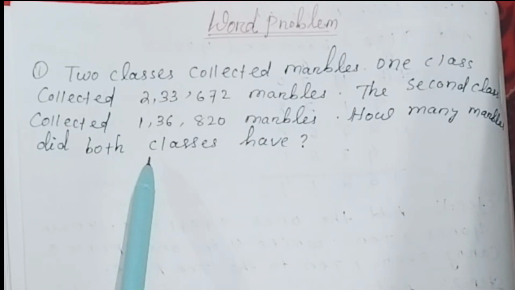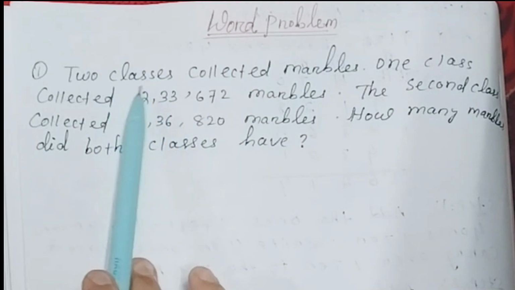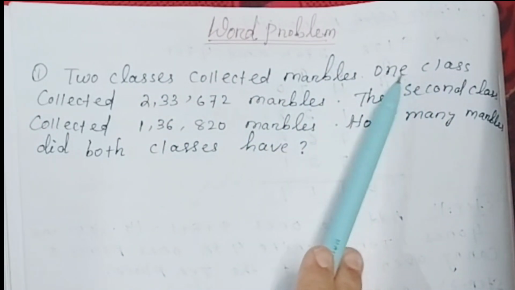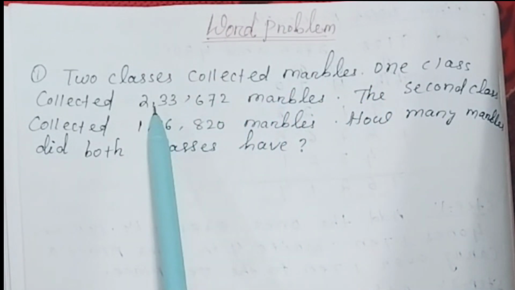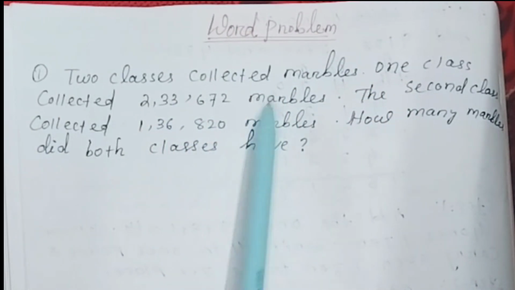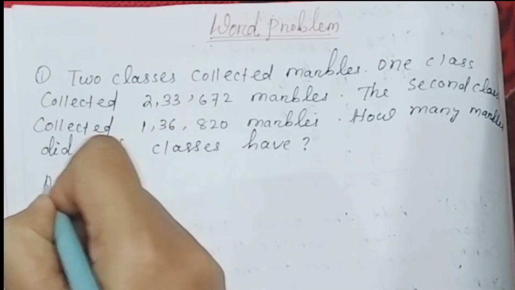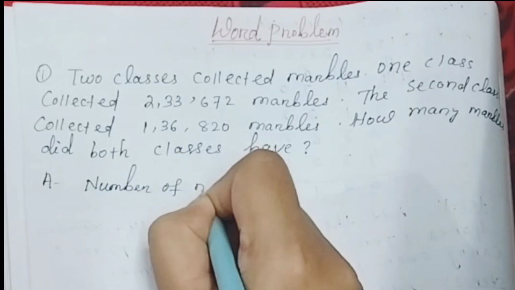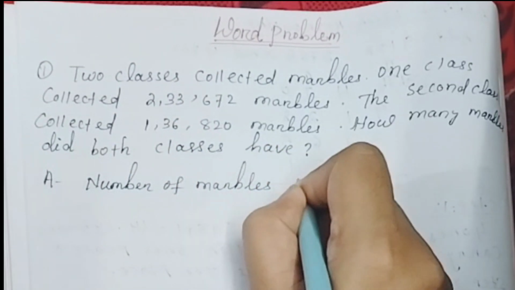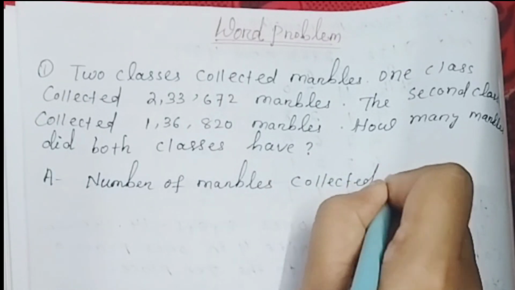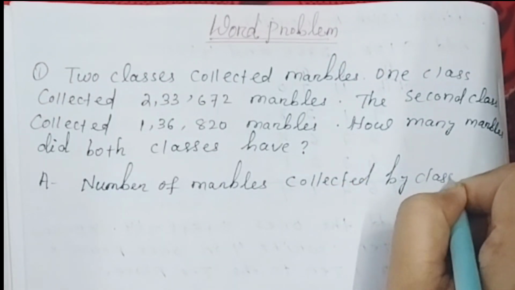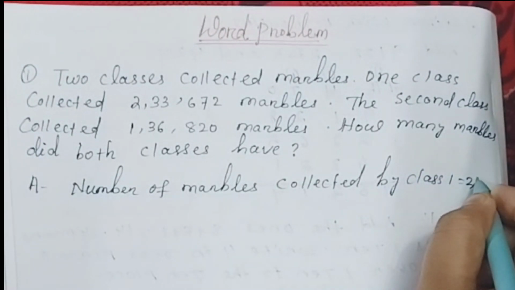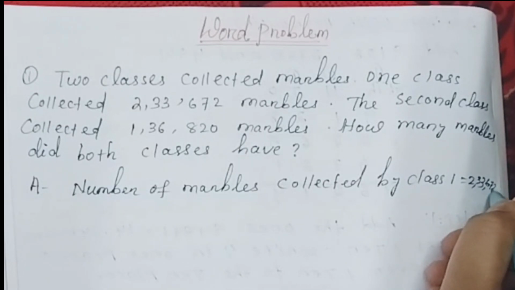So first of all, how to write the word problem? Number of marbles collected by class 1 equal to 2,33,672. So first of all, I am going to write this number. Number of marbles collected by class 1 equal to 2,33,672.